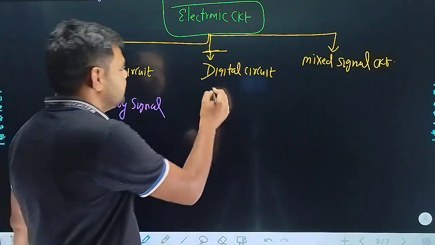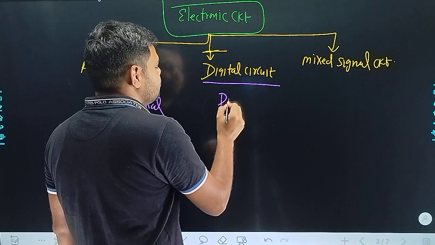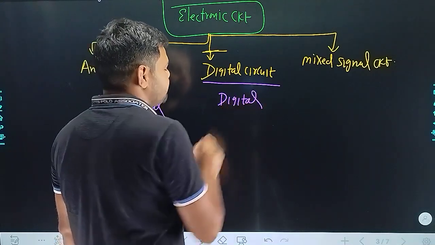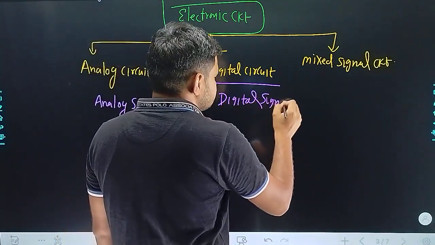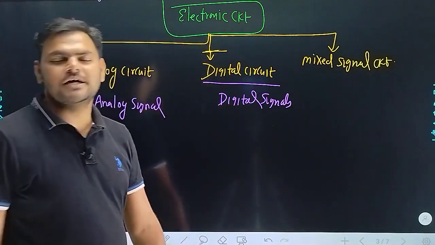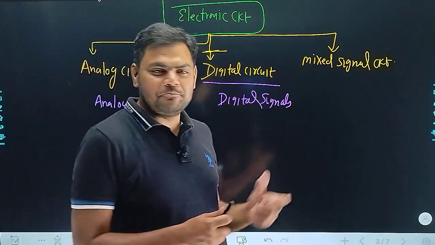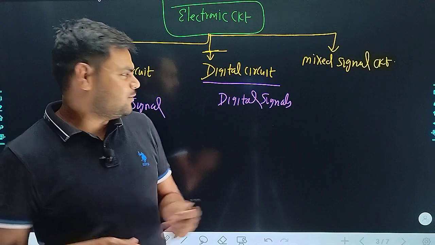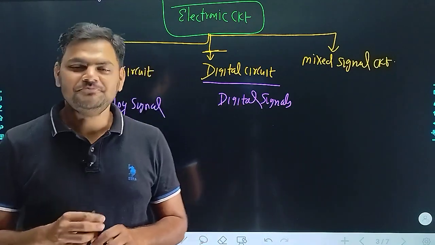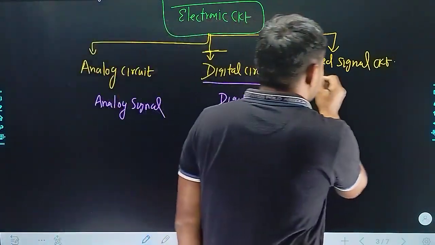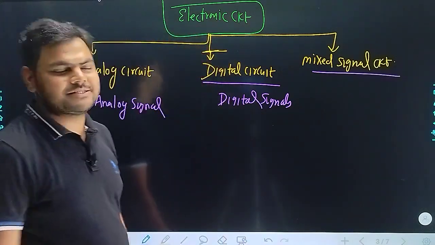The next one is what? Digital circuit. A circuit which processes digital signals, or a circuit whose input and output are digital signals is called digital circuit. Clear? Now let's talk about the last one, mixed signal circuit. What is mixed signal circuit?